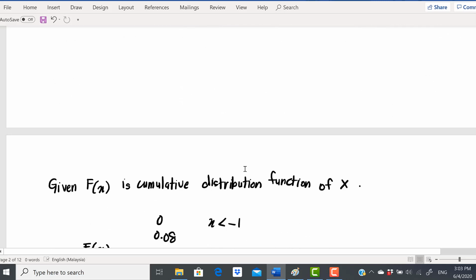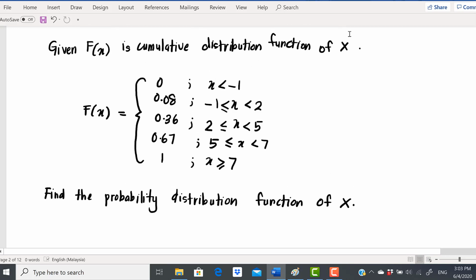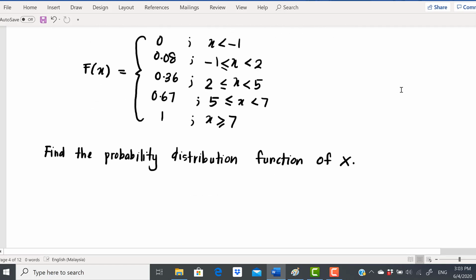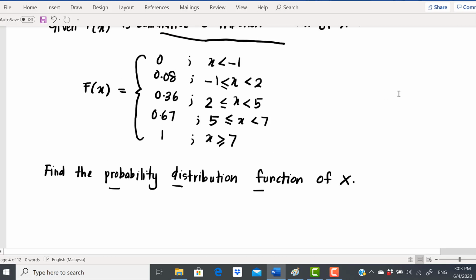Now we look at this example. Now you are given the CDF, cumulative distribution function, and the question asks you to find the PDF. So, how to get the PDF?